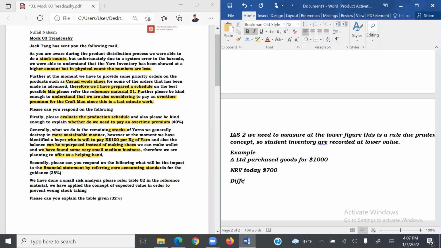There is a difference of $300, and this difference of $300 we treat as an impairment loss. Students, I believe this has given better clarity.